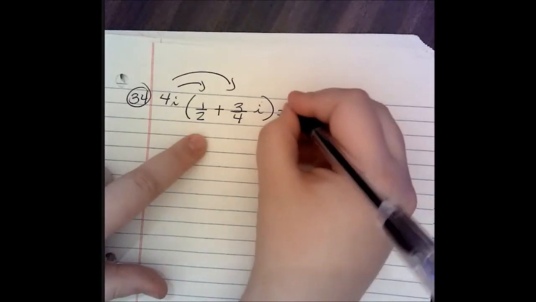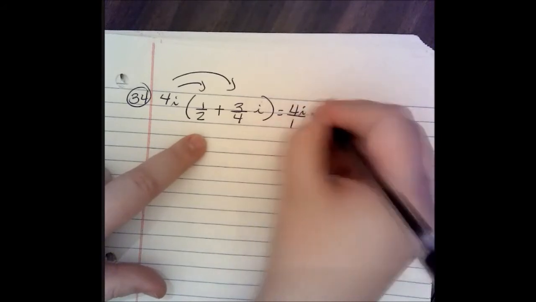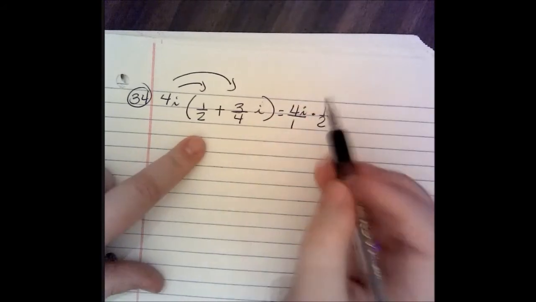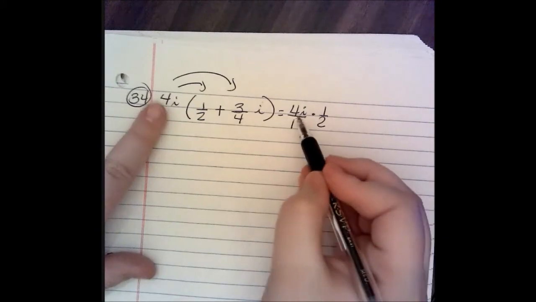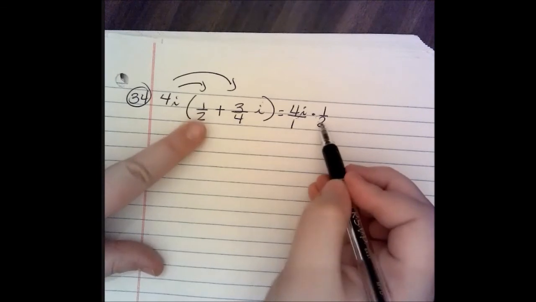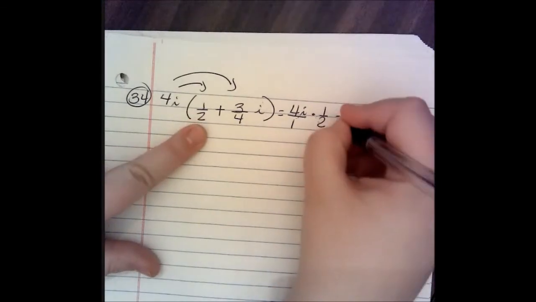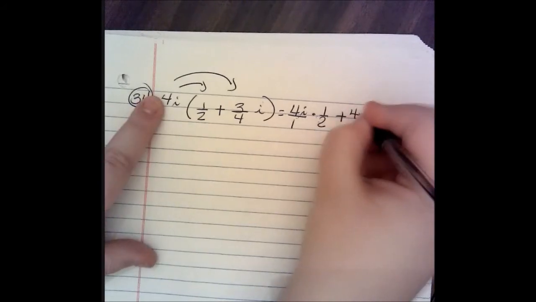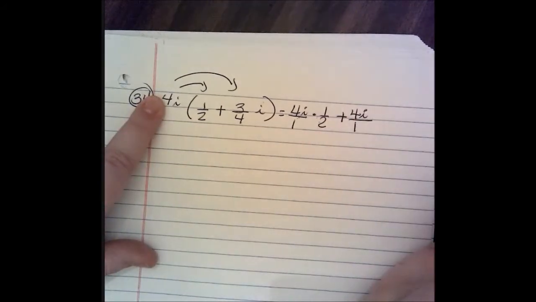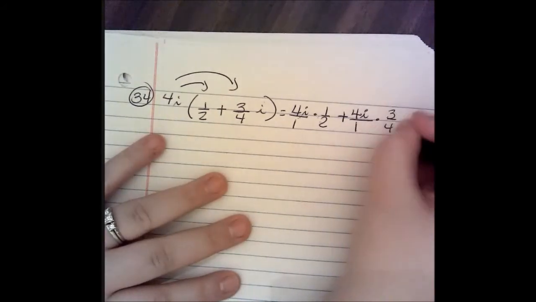I'm just going to write this out just so you guys can see exactly what we're doing. So we're going to multiply 4i times 1/2. You see how I just wrote the dot in between to signify multiplication. Plus 4i, and I'm putting it over 1 since we're working with fractions, times 3/4 i.